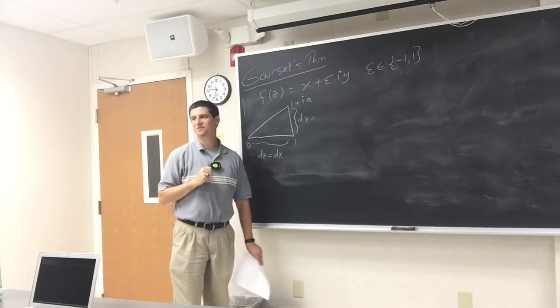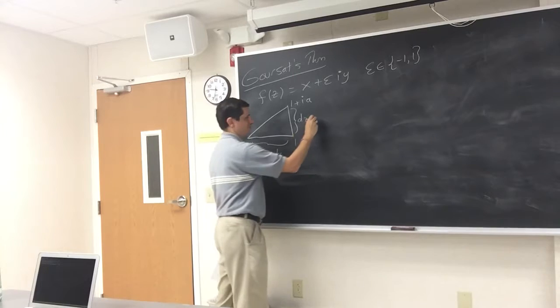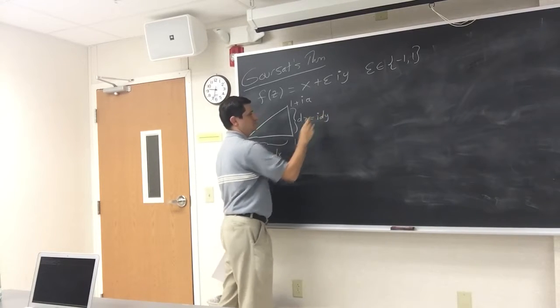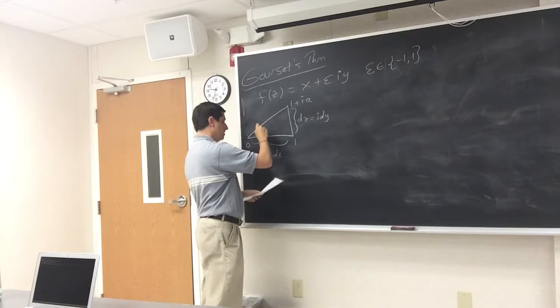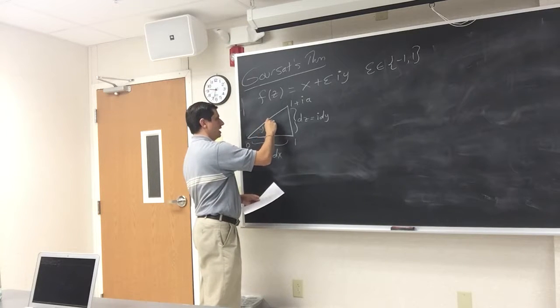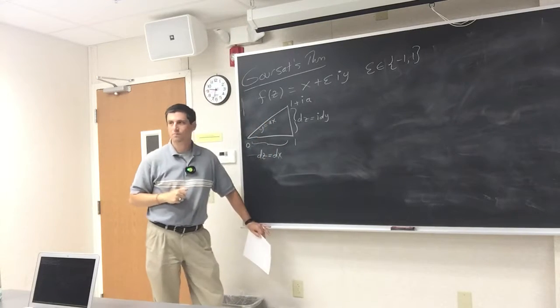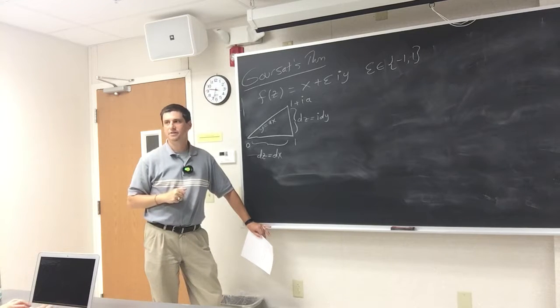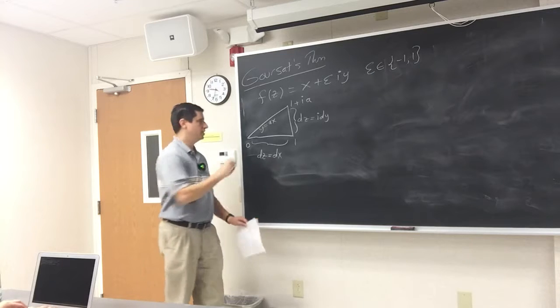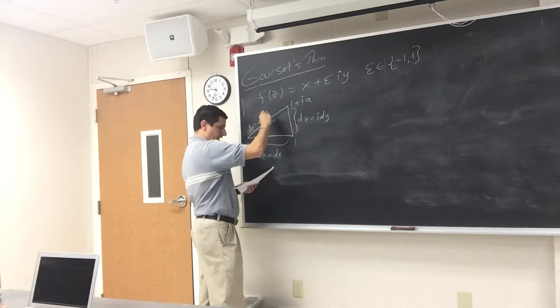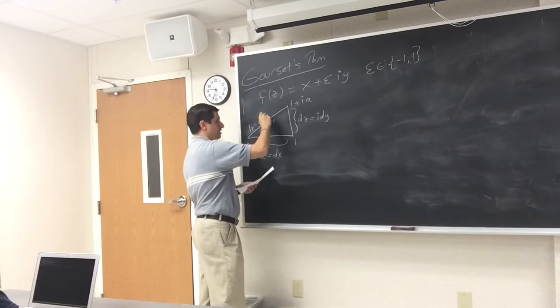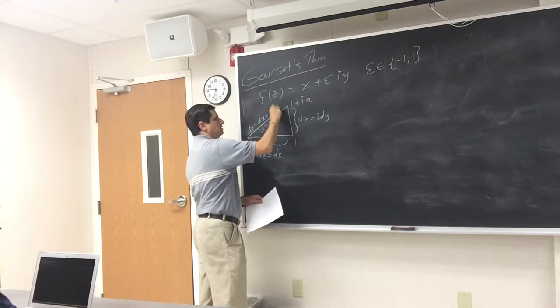I dy. And now along here, this is the line y equals ax. So along here, I've got x plus iax. So I get over here that dz is dx plus i a dx.